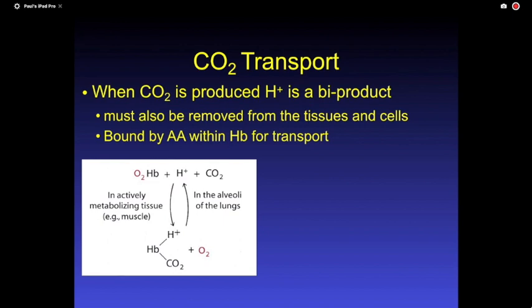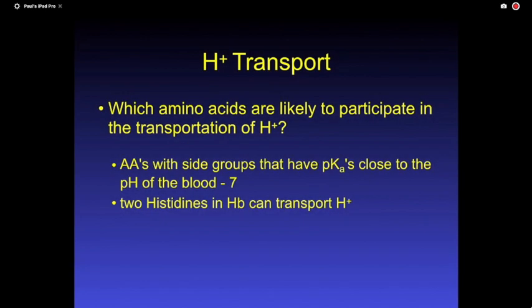Not the 2 histidines around the heme, but other histidines within the protein itself can bind to the protons, carry them into the lungs, and in the reaction to create CO2 from bicarbonate, you need a proton, and so that is afforded and allowed to react to create CO2. And it is most likely histidines, as I already answered, because they have a pKa that is very close to the pKa of the blood.